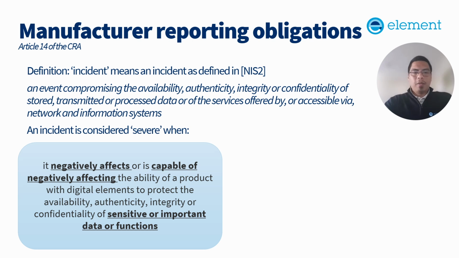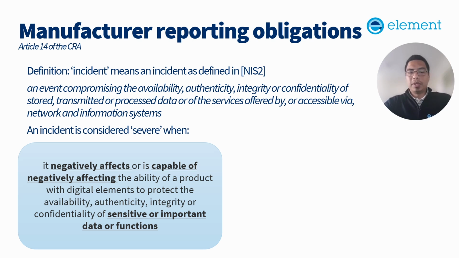Then we have to understand what makes an incident severe. Effectively, an incident is severe if it negatively affects or is capable of negatively affecting sensitive or important data or functions.